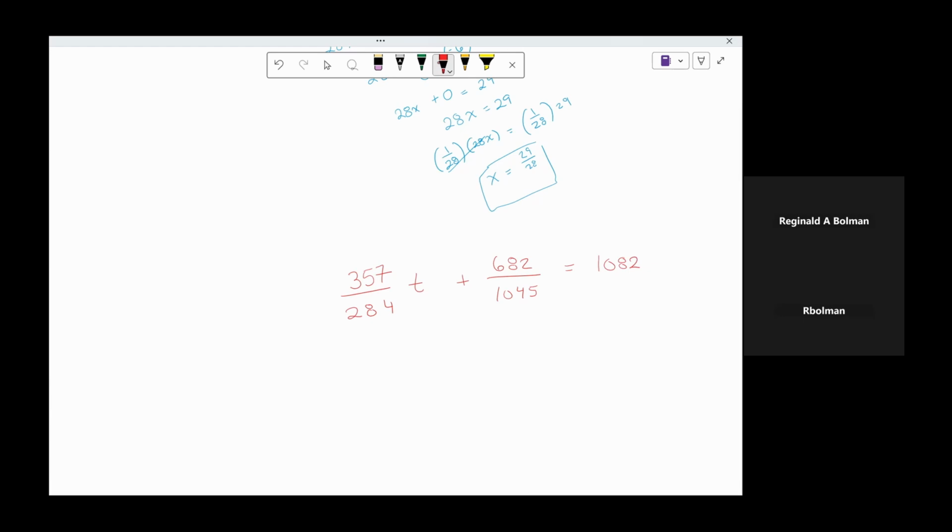So for example, if you had a two-step linear equation of one variable where you had 357 over 284, t plus 682 over 1045 is equal to 1082. Imagine trying to solve this problem by hand, which is what the ancient people were stuck with, right? Like in 700 AD, when the Arabs were first inventing algebra, there weren't any calculators.